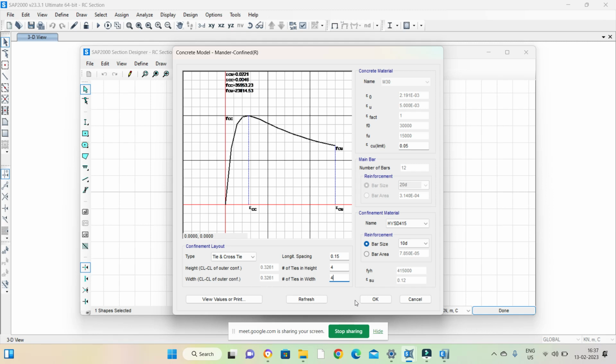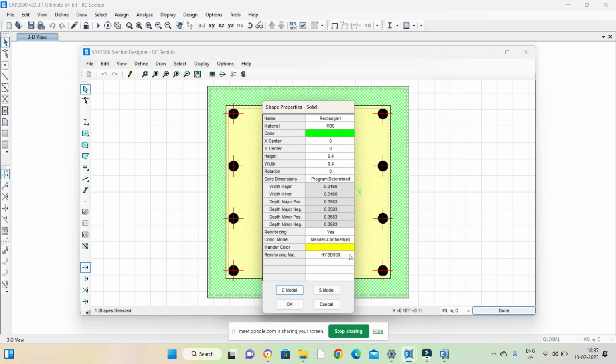Then you just have to click this. That's all, and this is regarding the main reinforcement. HYSD or whatever grade you want to decide, again you can select from here, and this much only you have to do.